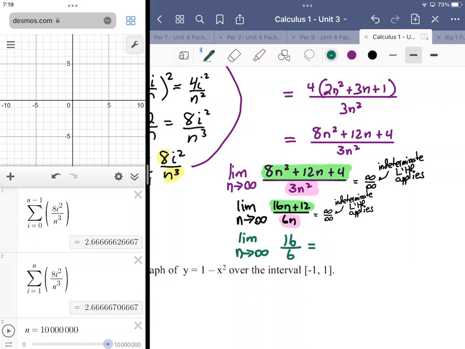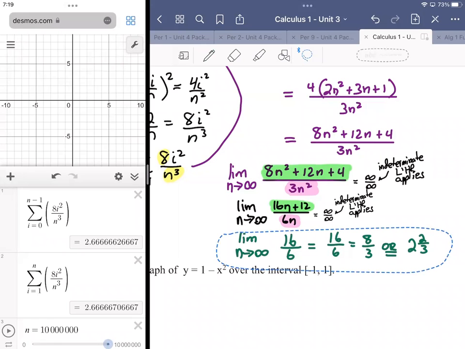Limit of a constant is a constant. 16 over 6 would be the limit, which would be 8/3, or, more recognizably, like Porky Pig here, 2 2/3, right? So 8/3, 2 2/3. So we get the same result that we got computationally, but this time we got it using a limit process, right?